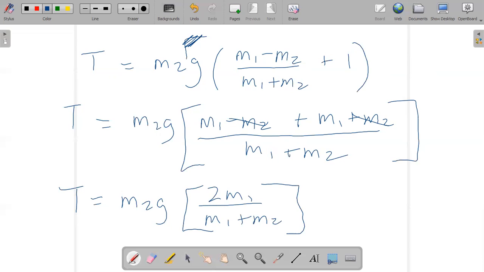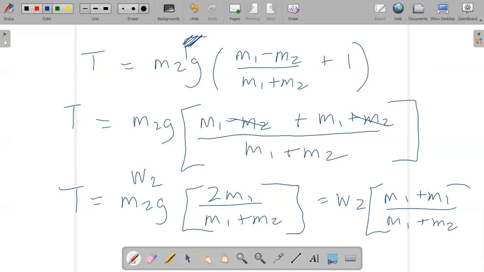So now we solve for T. And this is the weight of 2, right? So T equals weight 2 times 2M1 over M1 plus M2. And let's see.